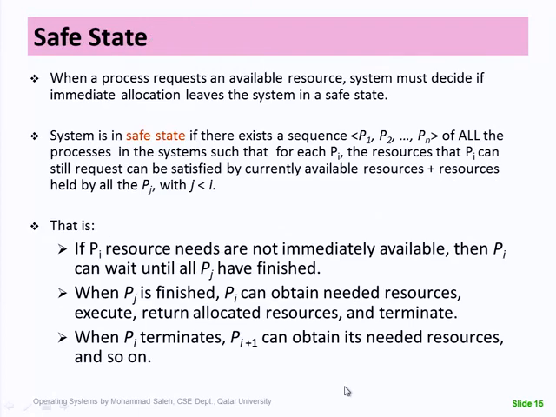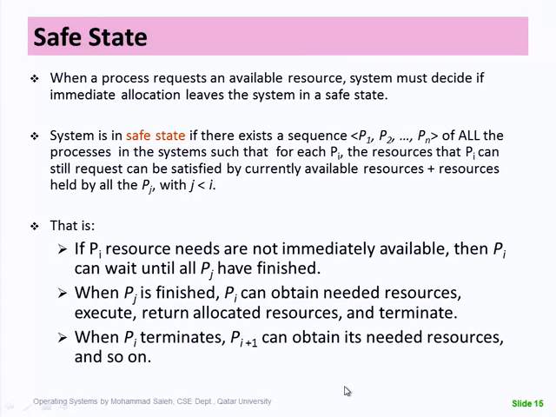But first, since I already been mentioning safe state, what is a safe state? A safe state is the property that we can execute the active processes in the system, in any order that we want, with the currently available resources. Execute them all.